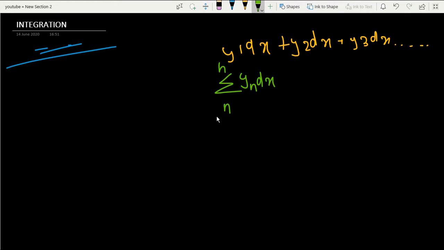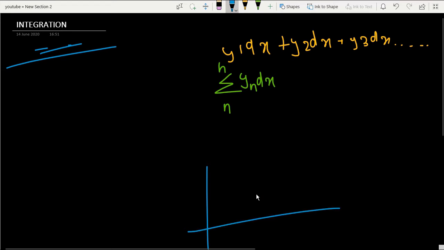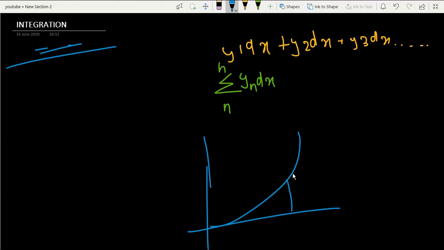But if you see the graph, you will observe that when you are making these strips, this is not perfectly a rectangle. There is some area which is being left out. Because of this, in the formula there is a variation.